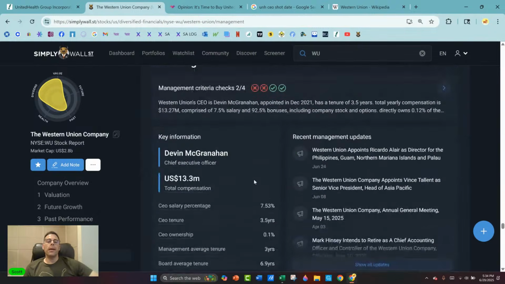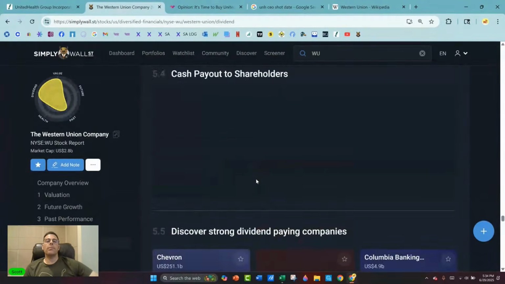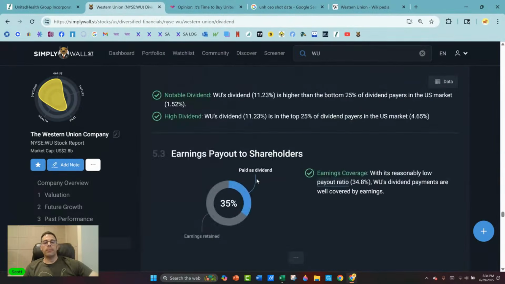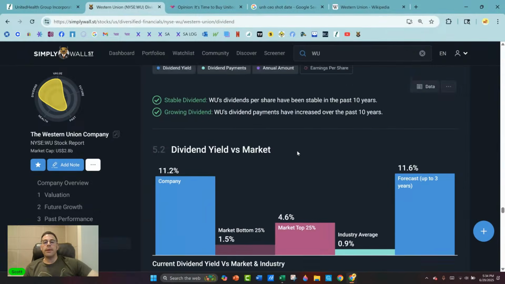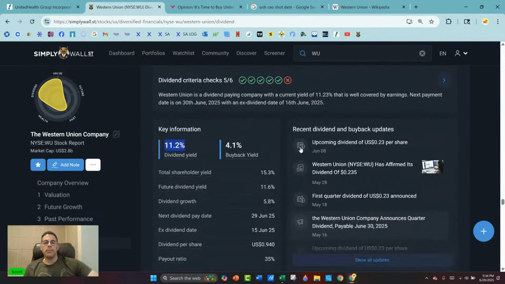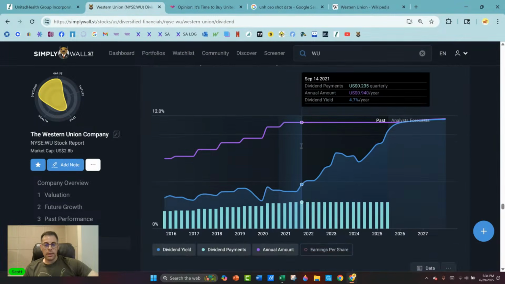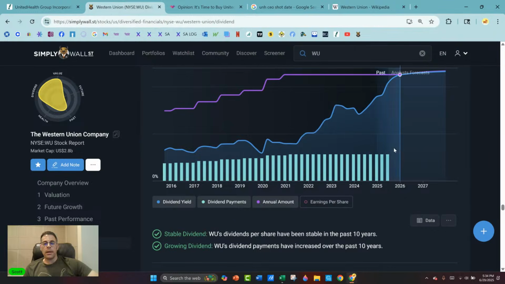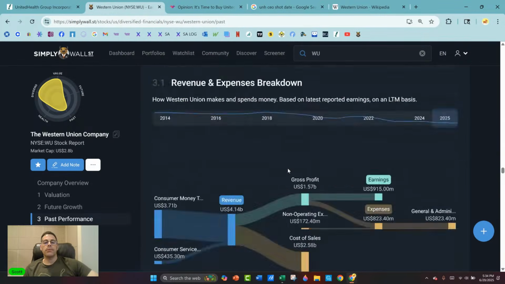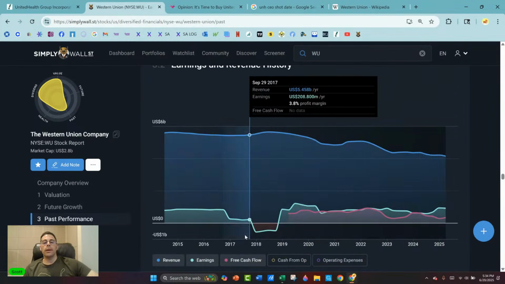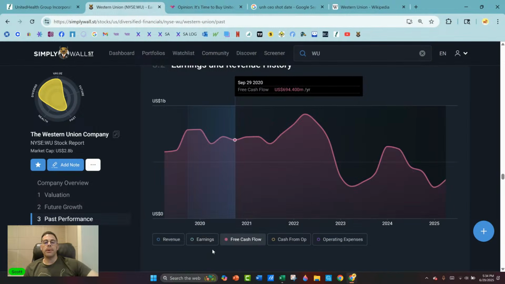It's generally a hard way to make money in the market by trying to pick up bottom feeders. It's definitely doable, but they will cut their dividend at some point. They have to, because I don't think they're going to have that much room to grow it, because they're going to get squeezed out of the market.